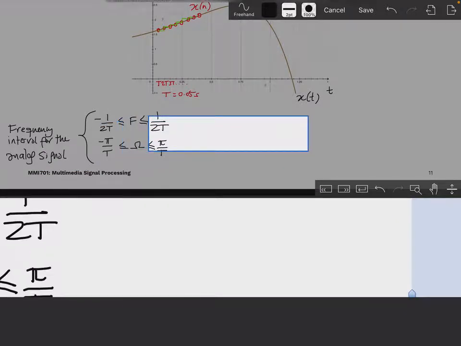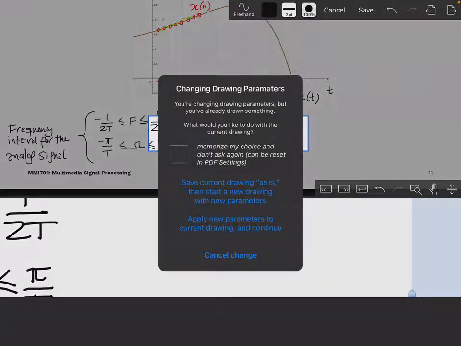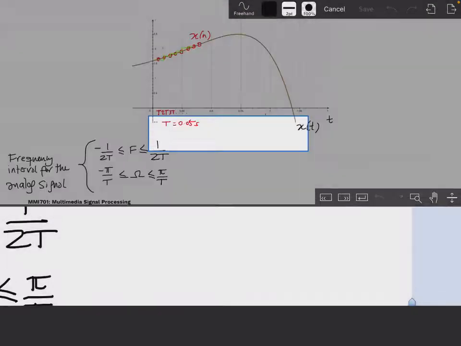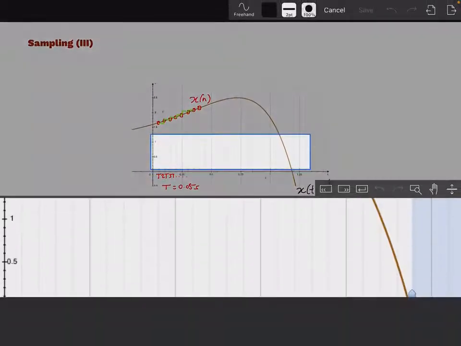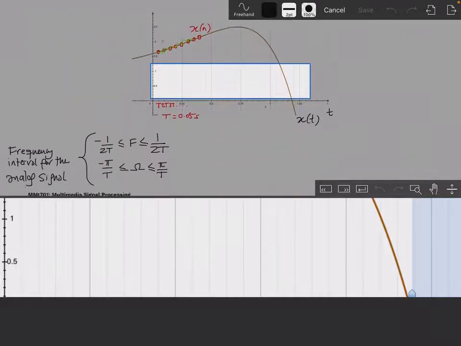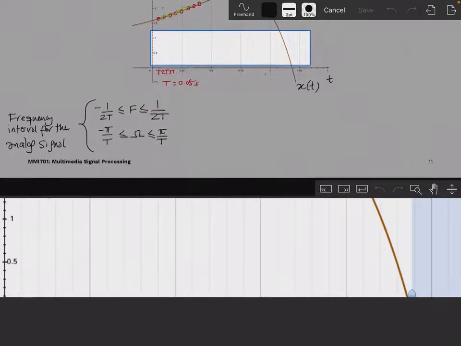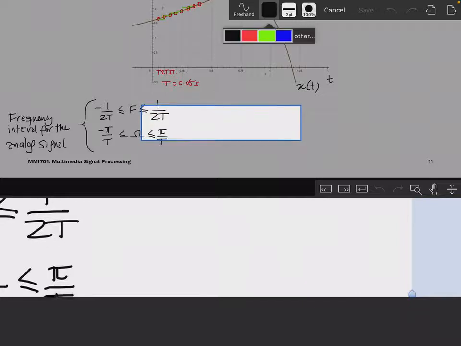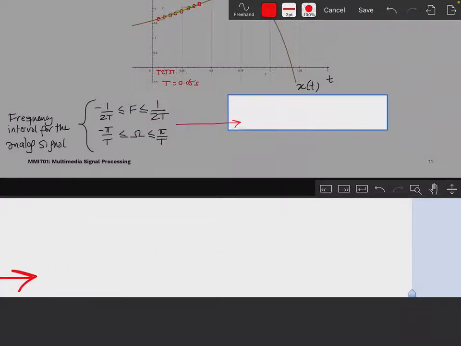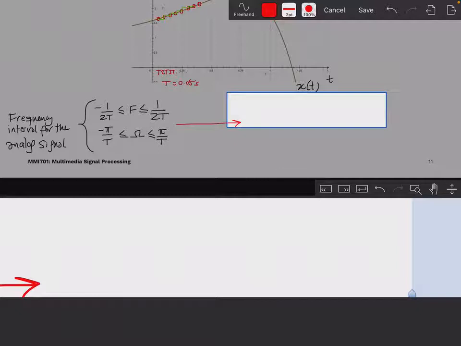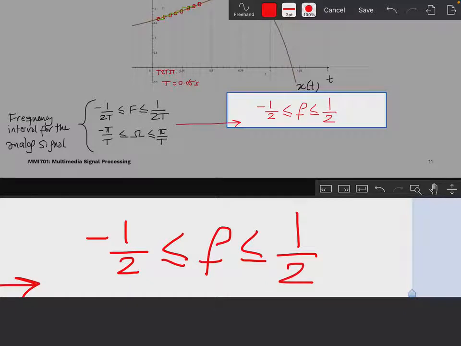Now this is going to be mapped to frequency ranges for the discrete time signal. So let's put an arrow here, and we have -1/2 less than or equal to normalized frequency less than or equal to 1/2. So the fundamental interval is between -1/2 and 1/2.